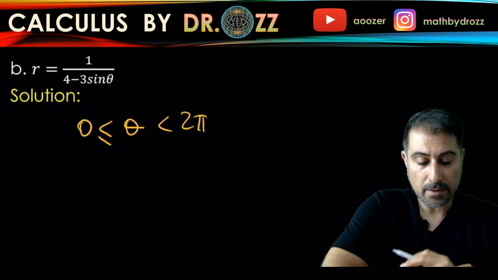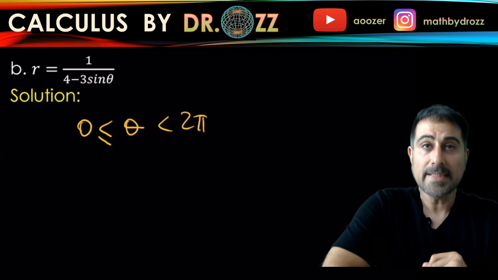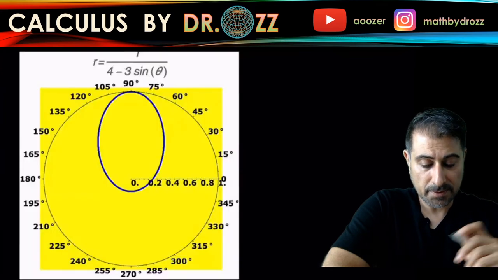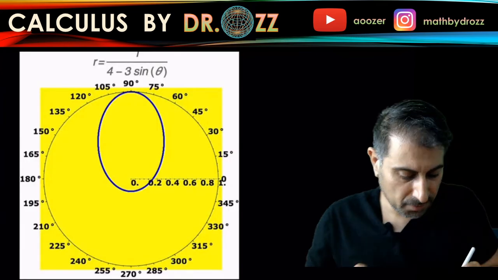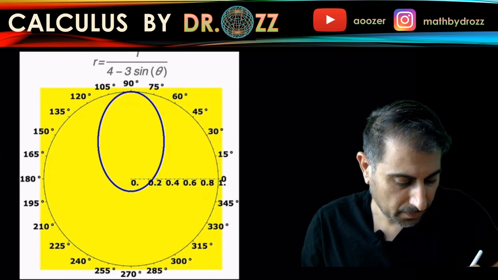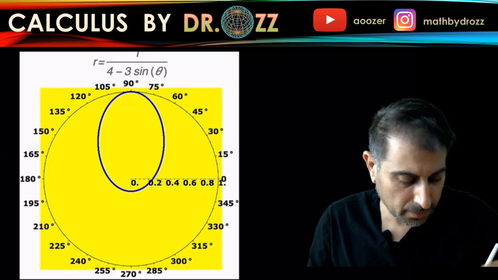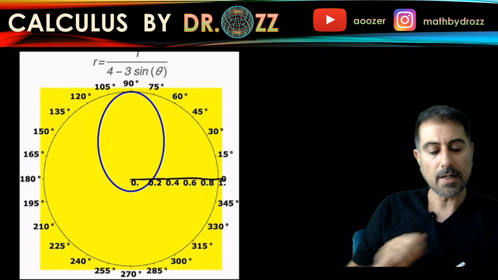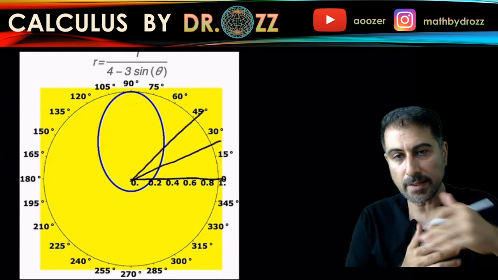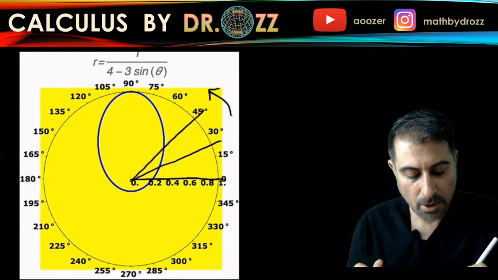Graph this function and you will see that it's an ellipse starting from 0. This is your first ray, another ray, another ray. Counterclockwise is always the positive direction for theta, so thetas are increasing in that direction.